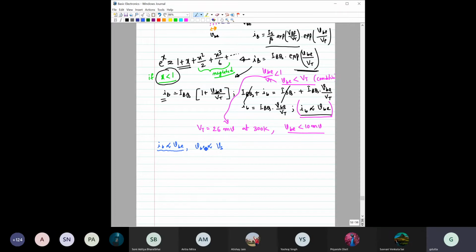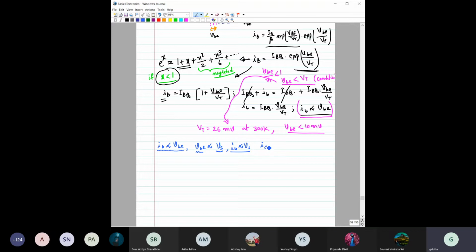If V of S is more, then V of BE will also be more, because V of BE is entirely due to the change in Vs only. So again, this is a linear relationship. That way you can say IB is linearly related to Vs, so with this input, the output, meaning IB, is linear, right?